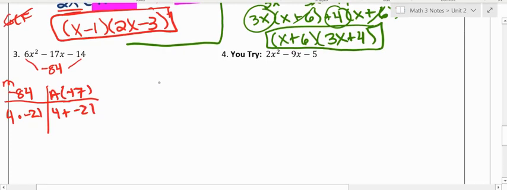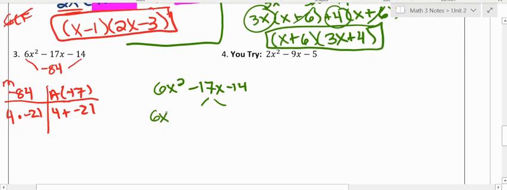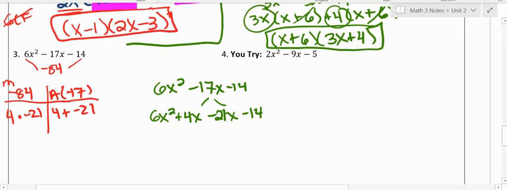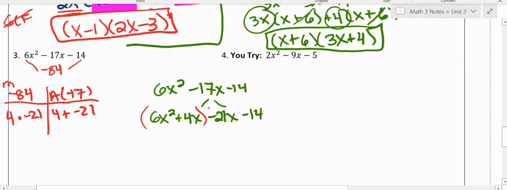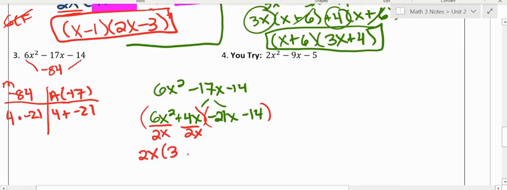I have here my original. I'm going to split it, and then just go ahead and group it out. The first pair, I could pull out a 2x and get 3x plus 2.